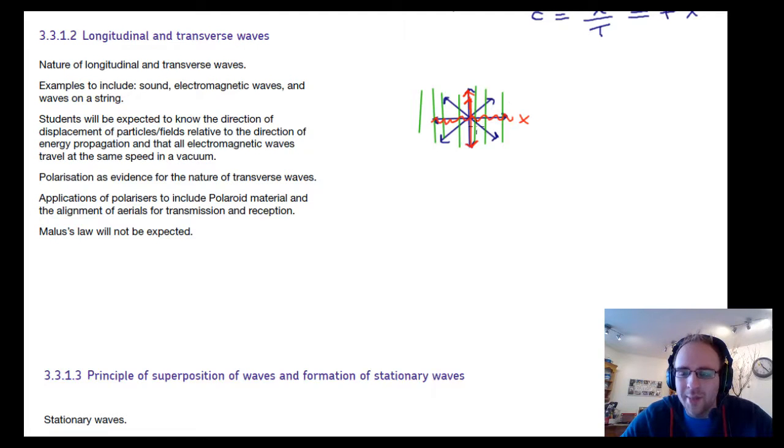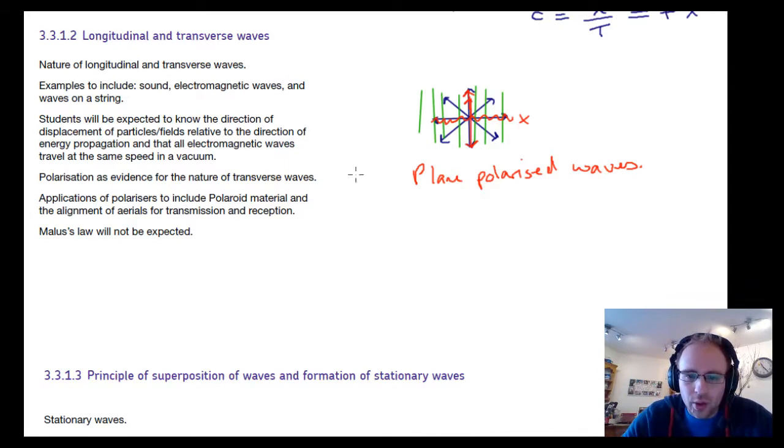So what we get coming out of a polarizer are plane polarized waves: waves that only have one plane of oscillation, so they're either going up and down or left and right, or however they're oscillating, but that's the only direction that's coming out. And that's quite useful.